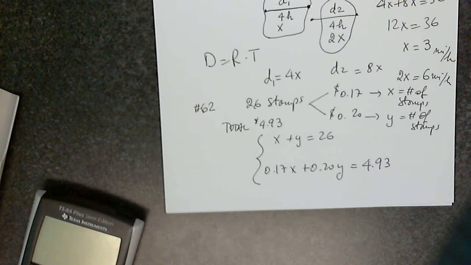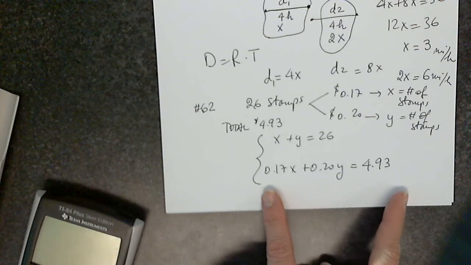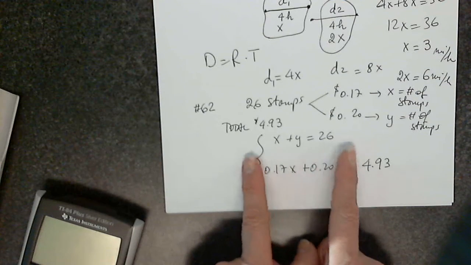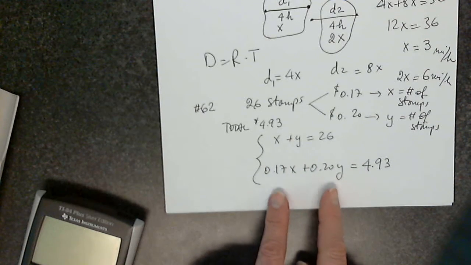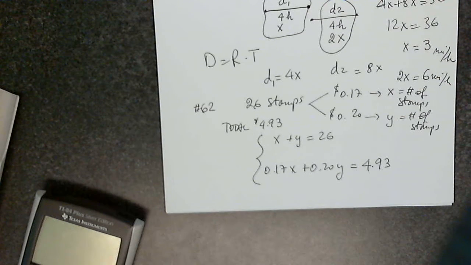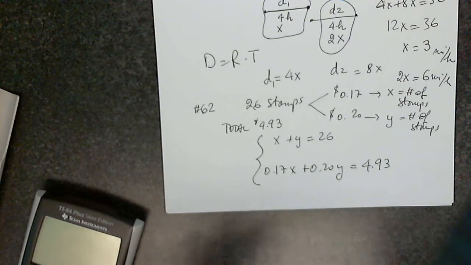But personally, I would multiply the second equation both sides by 100 to clear those decimal numbers, and then multiply the first equation to get rid of one of these two. And I prefer to get rid of y. But you don't have to stick with my method. You can solve for x, move y, and then plug it in. You're going to get the same answer. 2 minutes.